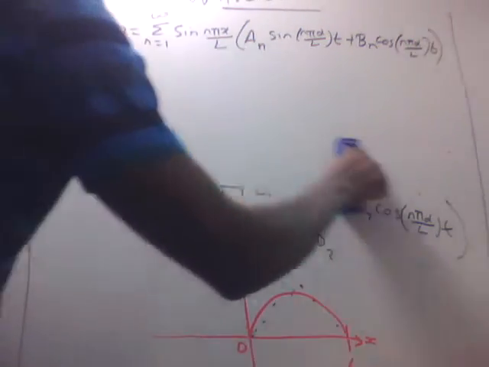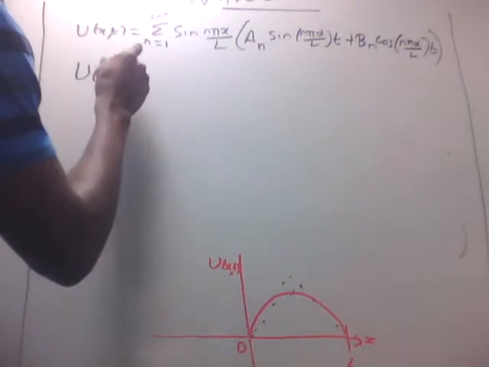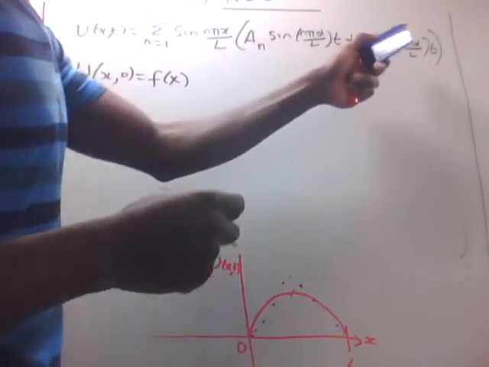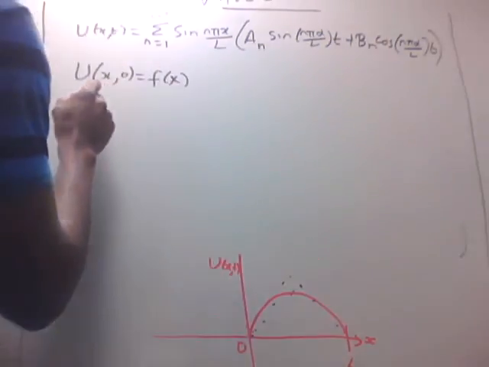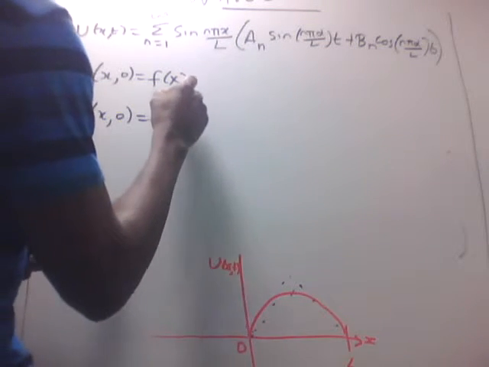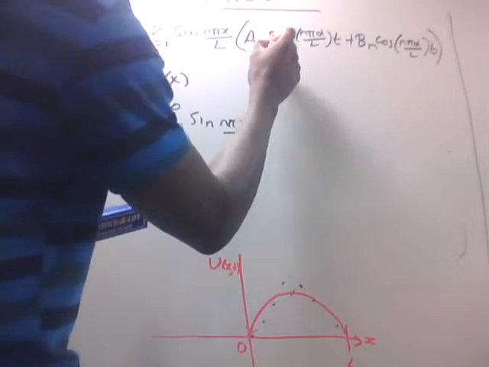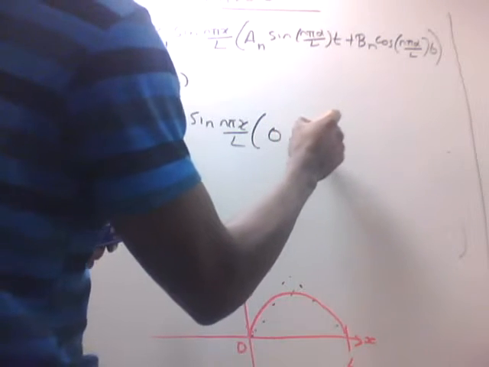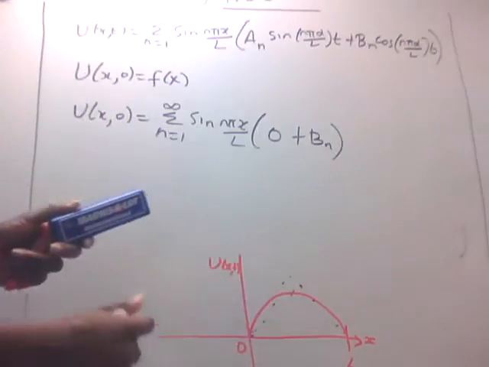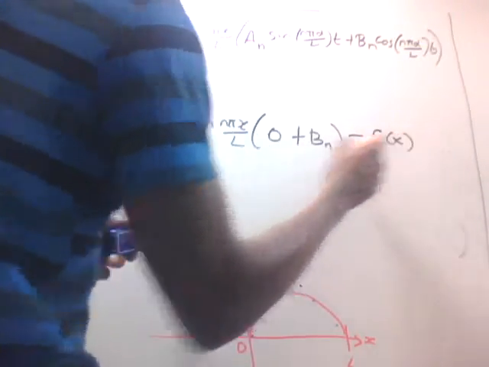Okay, we apply the initial condition that u(x,0) equals f of x. That tells you that when I plug t equals 0 in here, that's 0. So u(x,0) equals summation n equals 1 to infinity sine n pi x over L times 0 plus bn. Okay, and this has to equal f of x from the initial conditions.